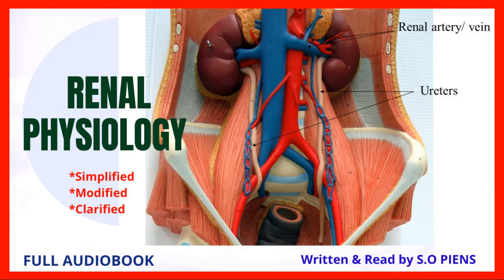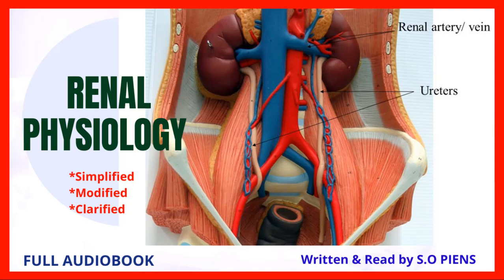Acute and chronic have to do with the duration. Acute is when some cause produces a sudden inability of the kidney to perform its normal function, and chronic is prolonged.